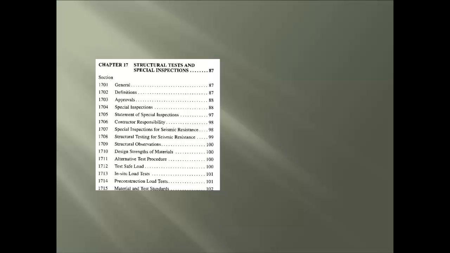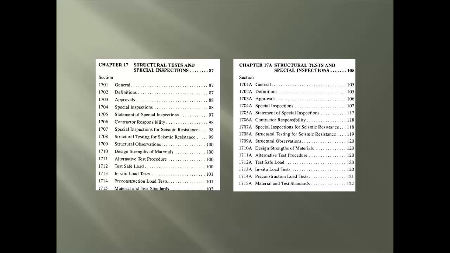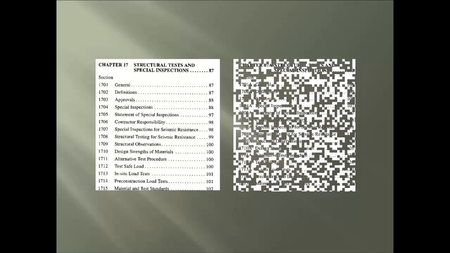But do you know there is another form of Chapter 17? Notice the A. And what is the difference between these two? The scope supplied by the state is any DSA, aka school structures, will use this special design chapter.